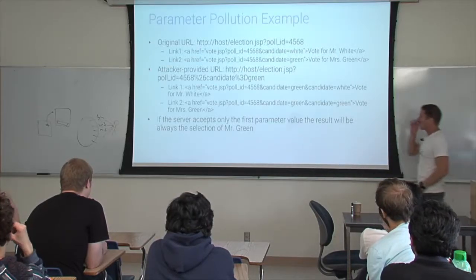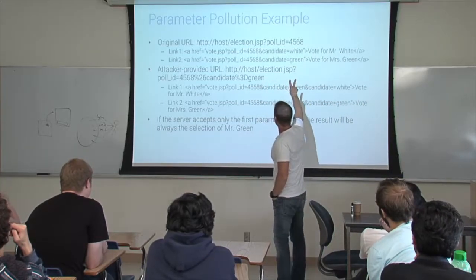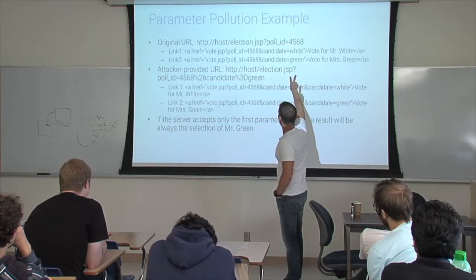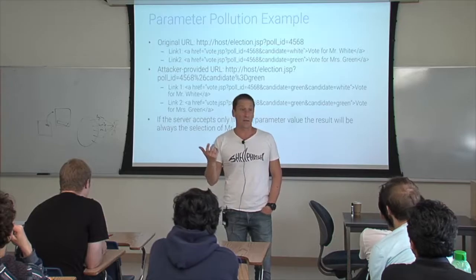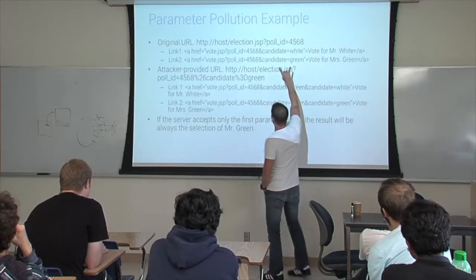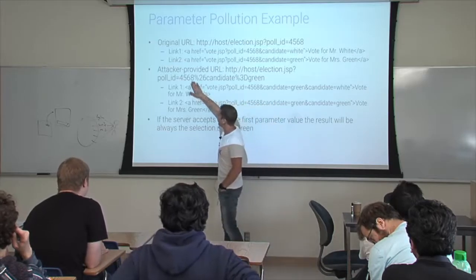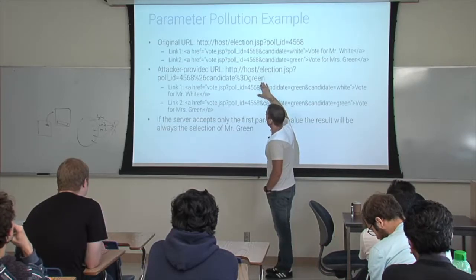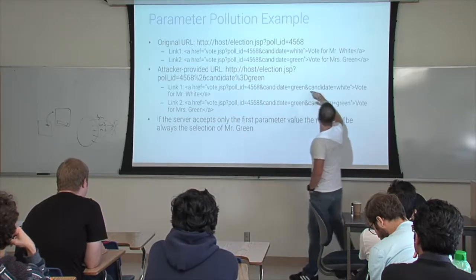So imagine this situation. You have an election, and the basic idea is that you have the poll ID, and there are two candidates, one is white and one is green. You vote and something gets added because of the candidate that you vote for, and you are identified by the poll ID. Now, if the attacker provides a poll ID that is a number, but then also adds ampersand candidate equal green, this might end up here.